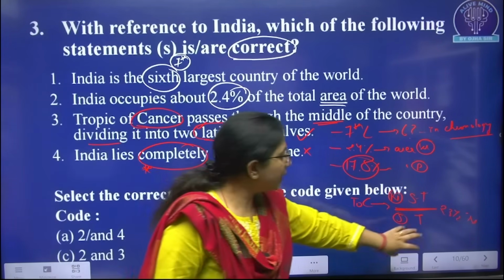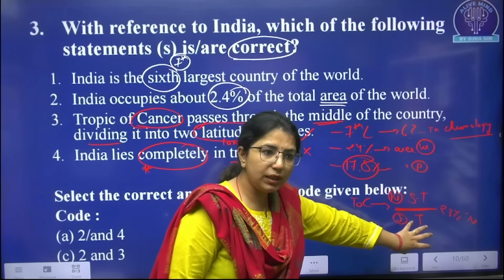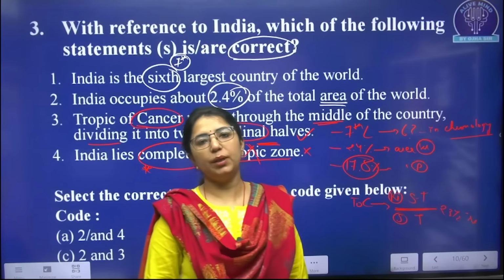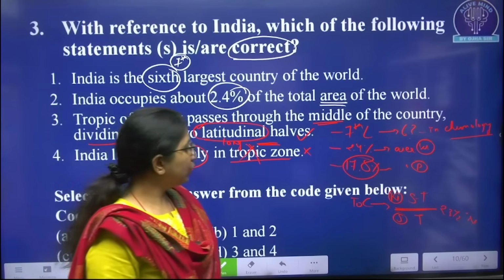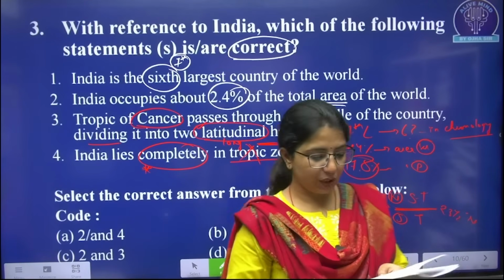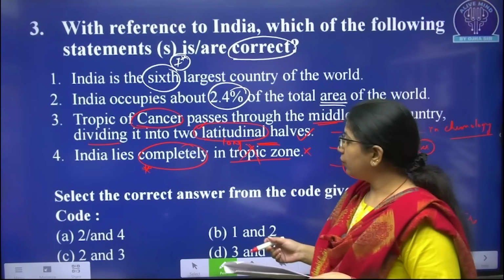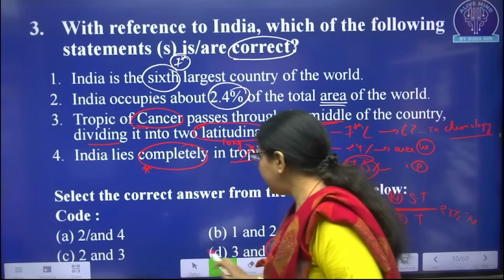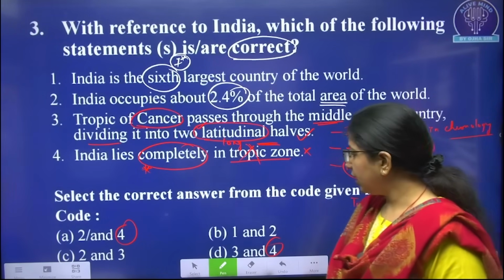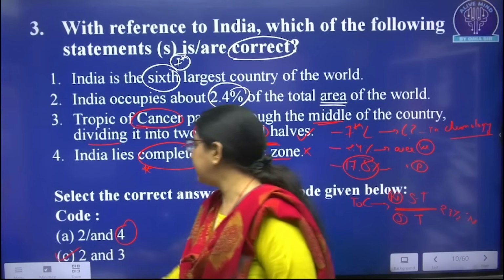The southern section has the tropical type of climate, and the northern the subtropical type. So, 1 and 2 are correct, and the fourth one is wrong. So option D and option A are eliminated, and the answer is C, 2 and 3.